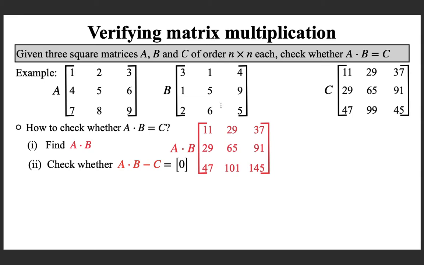If it is 0, then this equation is correct, because AB minus C is equal to 0. For the given instance, it is not the 0 matrix. In these two positions, you have non-zero values. So, AB is not the same as C. C is not the product of A and B.